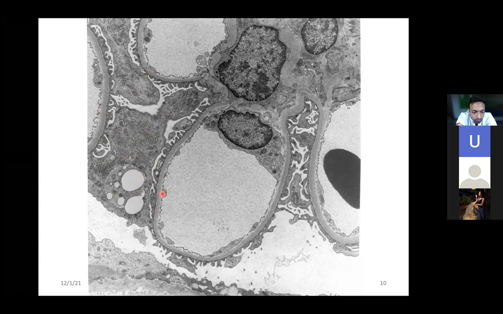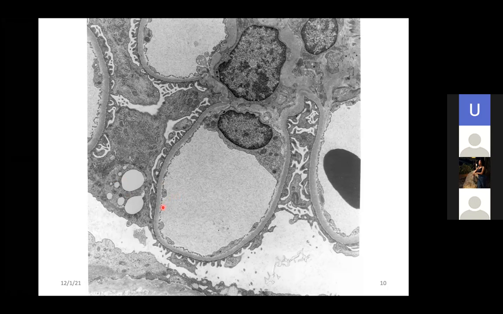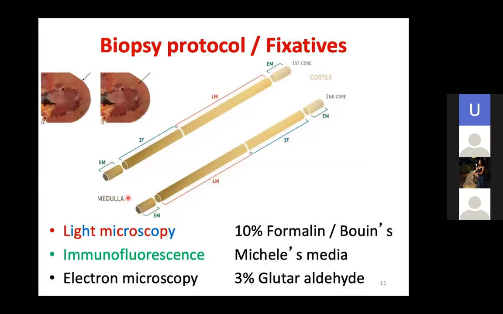Endothelium and podocytes support each other's life and maintenance, so damage to one structure is bound to affect the other. So podocytic injury will have some element of endothelial damage, and similarly endothelial damage would affect podocytes in one way or the other.